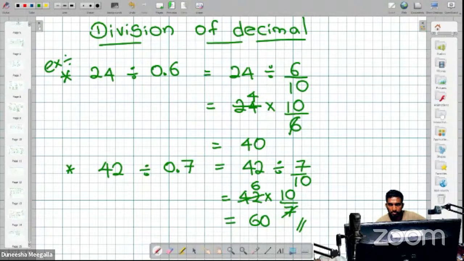Sir, I just joined. Can you tell me what I have to do? We did the division of decimals. We discussed two examples in the subtopic. Okay, write down the examples.